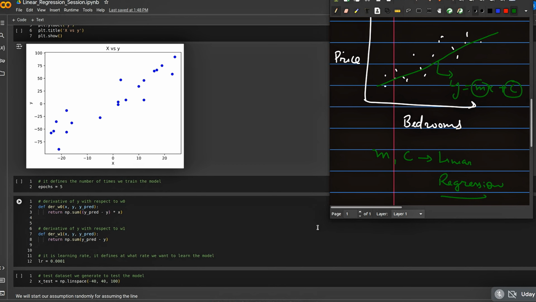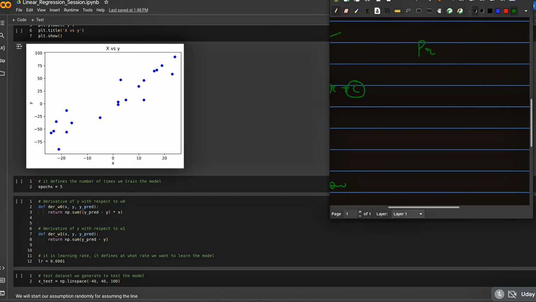Here we consider that we have only one feature. Like I told you last time, the price can depend on the number of bedrooms. It can also depend on the location, and on the area.